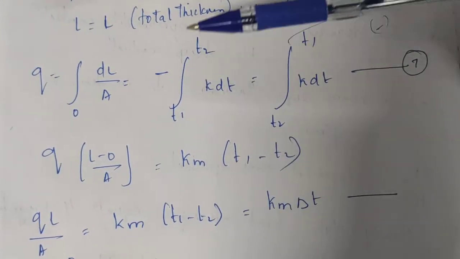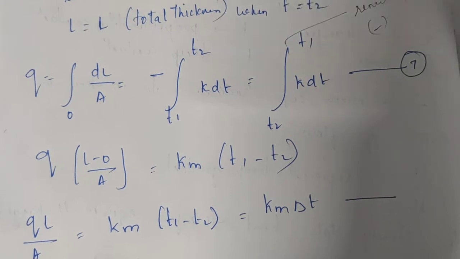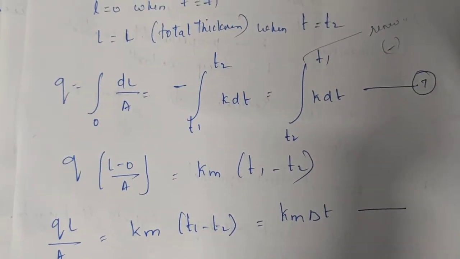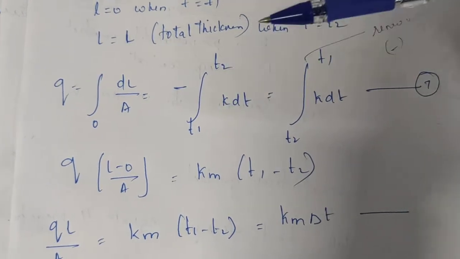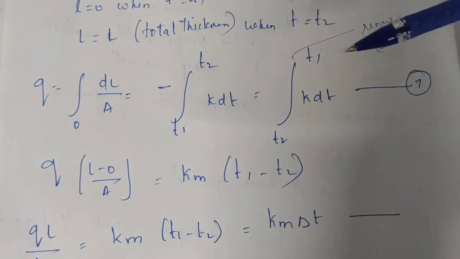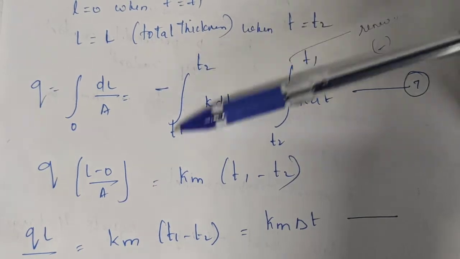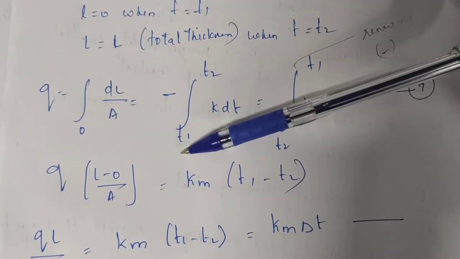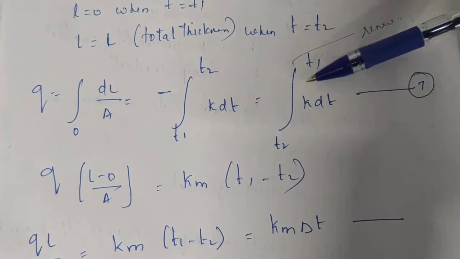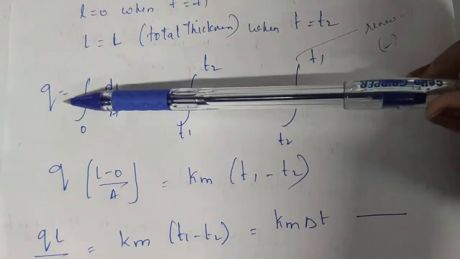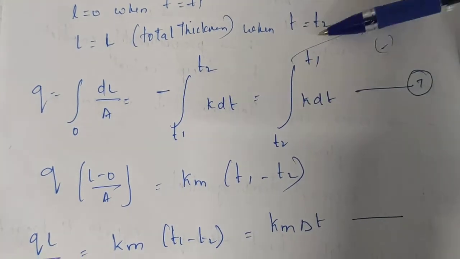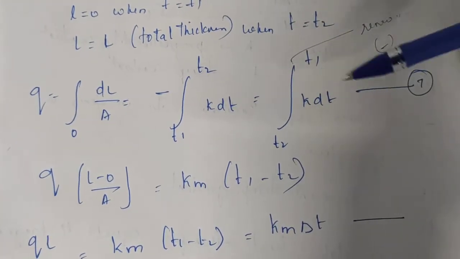As there is heat transfer going on, a drop in temperature going on, the minus can be removed here. Removing this minus sign, we swap the limits, in place of T2 we write T1 and in place of T1 we write T2. So we get Q times the integration from 0 to L of dL by A is equal to the integration from T2 to T1 of k dT.